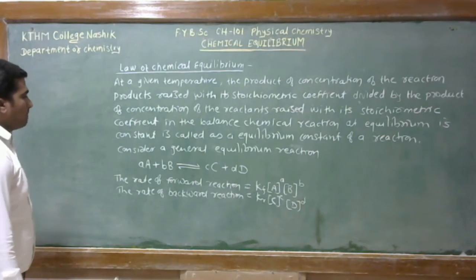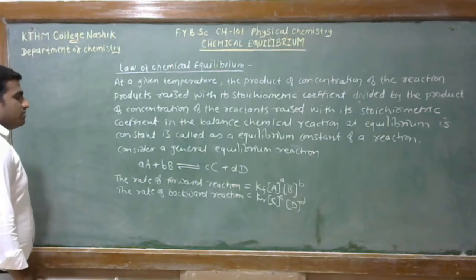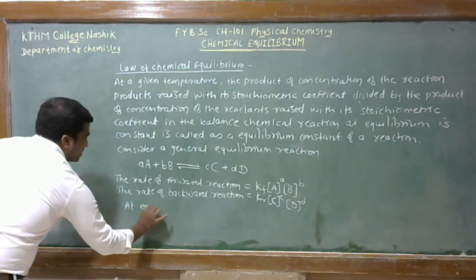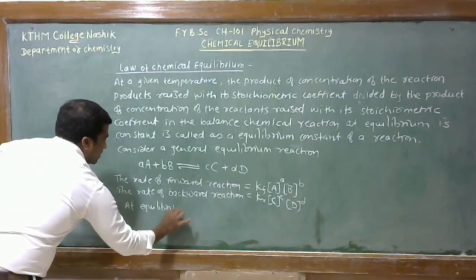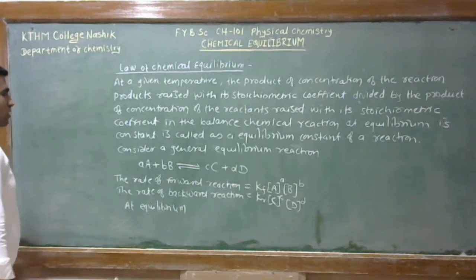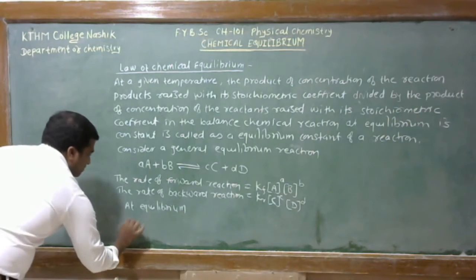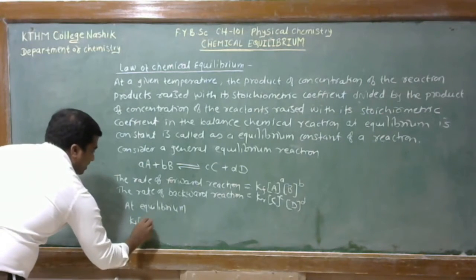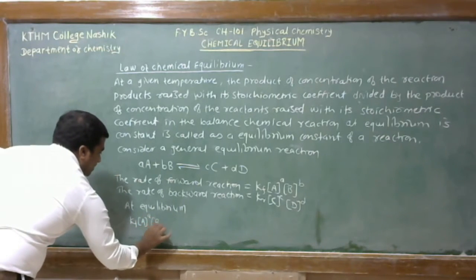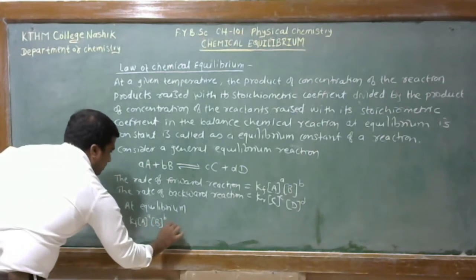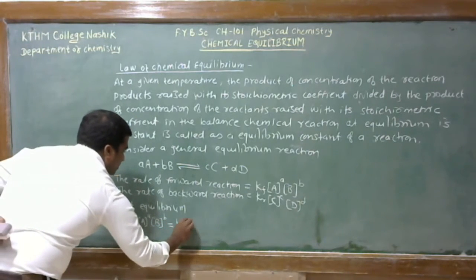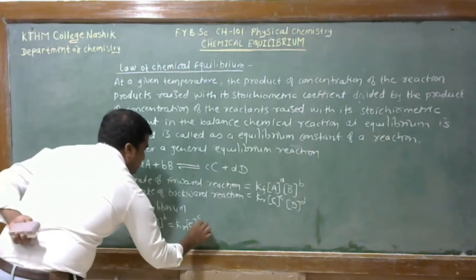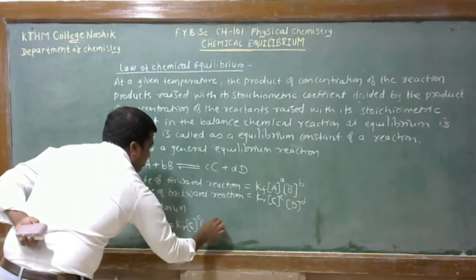Now consider at equilibrium condition, so we can write Kf into capital A raised to power small a into capital B raised to power small b is equal to Kr into capital C raised to power small c into capital D raised to power small d.